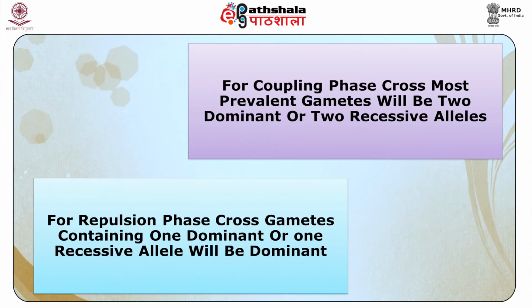For a coupling phase cross, the most prevalent gametes will be those with two dominant alleles or those with two recessive alleles. For repulsion phase crosses, gametes containing one dominant and one recessive allele will be most abundant. Understanding this fact will be important when you actually calculate a linkage distance estimate from your data.